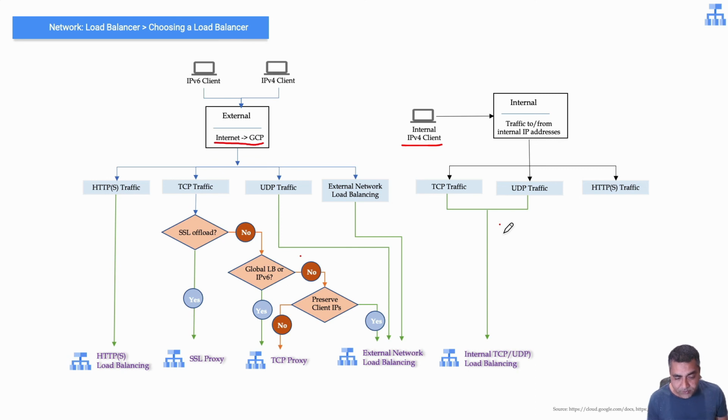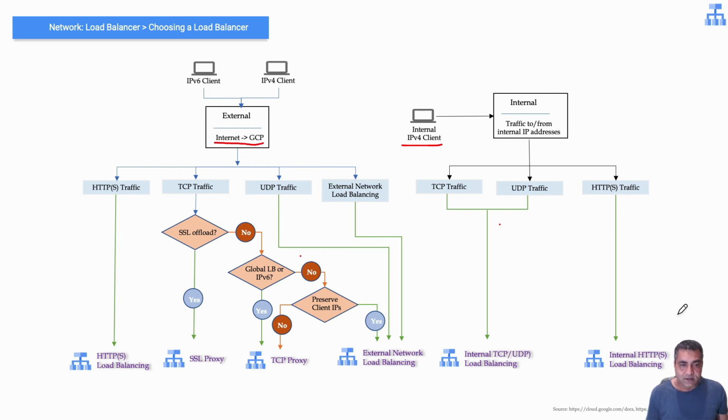It supports regional managed instance groups. It's built on the Andromeda network virtualization stack and load balances TCP/UDP traffic behind an internal load balancing IP address. Same concept as the external load balancer, but for internal. Then if it's internal HTTPS traffic, you will use internal HTTPS load balancing.